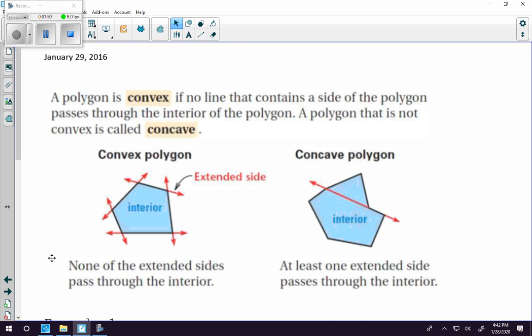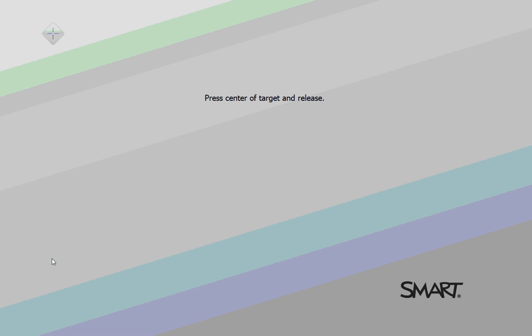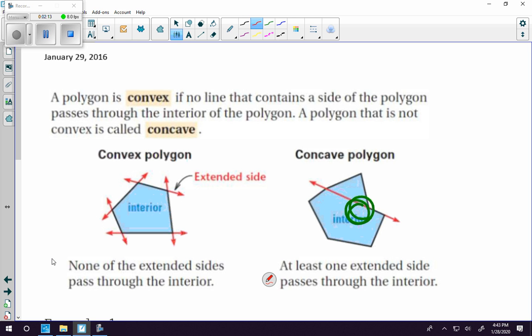Whereas if you take a look at the concave polygon and you focus on this vertex right here, you will notice that that vertex has been punched in, if you will, now classifying that as a concave polygon as opposed to a convex polygon. So there's the difference there.